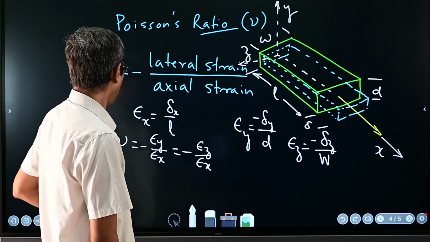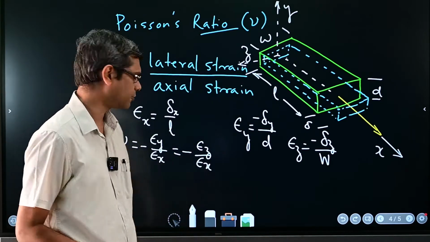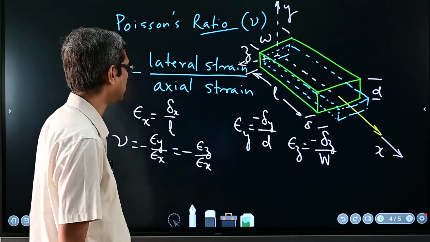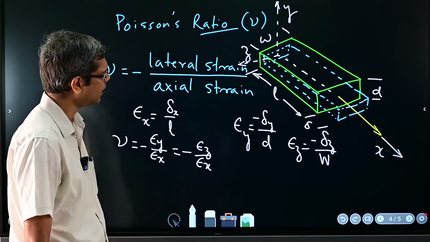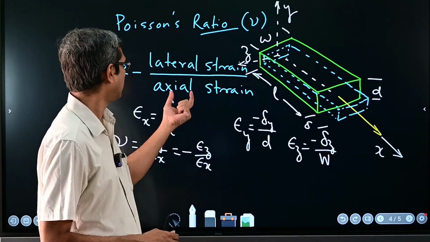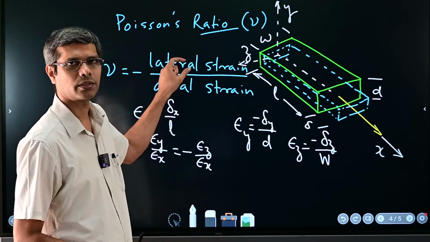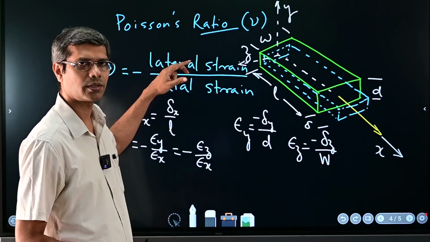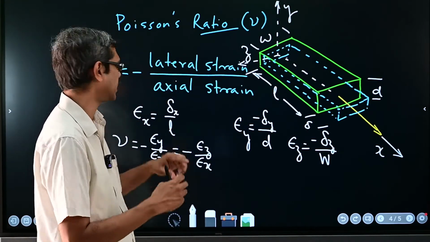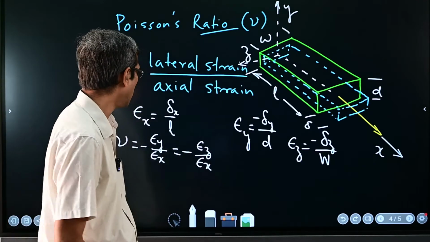Okay, and this negative sign takes care of the negative signs to give you a positive Poisson's ratio. So that's the reason why you have this negative sign over here. And in fact it tells you that if this is an extension and this is a contraction, they are in the opposite sense in a way, and that opposite sense is compensated by this negative sign to keep nu a positive number.